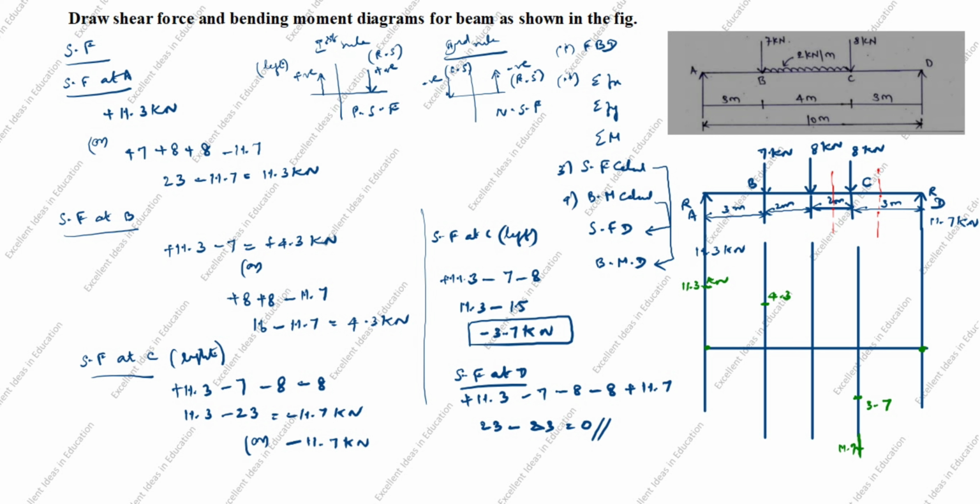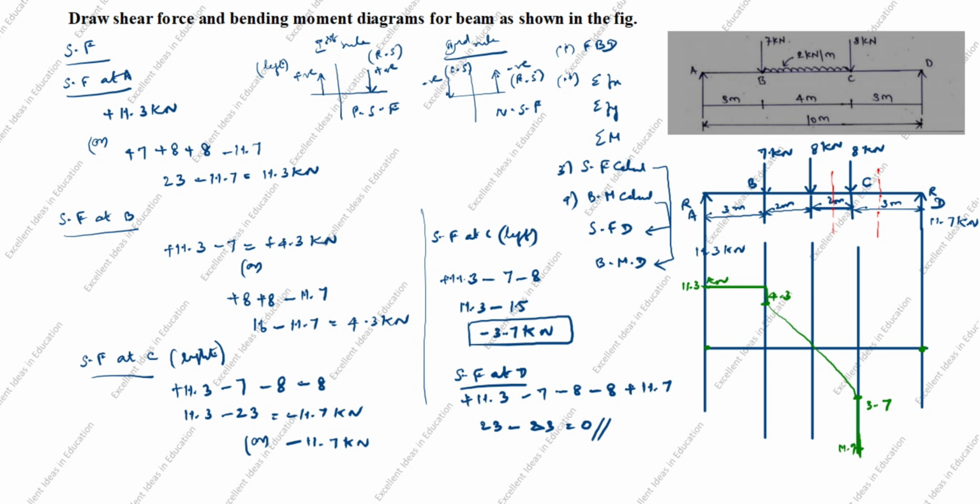Now join the line. This comes straight. You see here this is a point load. A point load is a constant line only. It comes down. After that, you see here is the UDL. From here to here is the UDL. Join the line. After that, this one goes straight only.